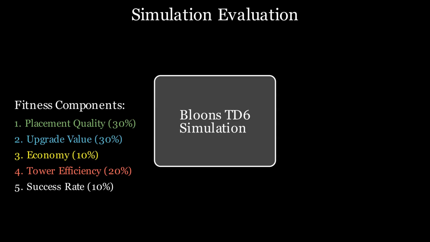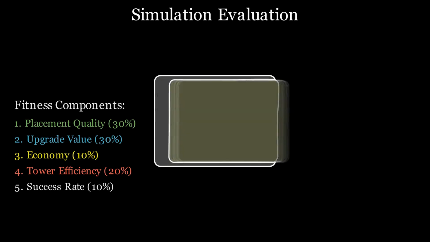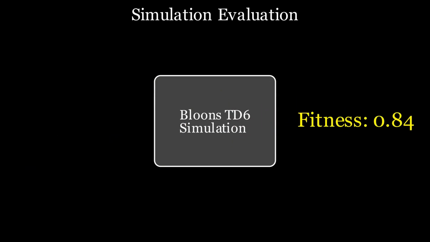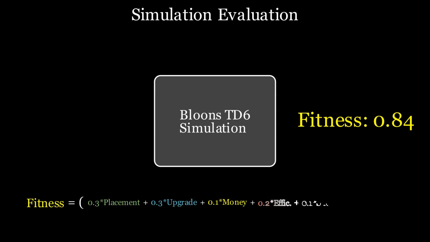The economics, so how efficiently the AI is spending money. The tower efficiency, if the towers are covering good paths and are placed early. And also the success rate, so how many towers it was actually able to place. We are then going to use this formula to assign each simulated individual a fitness score.